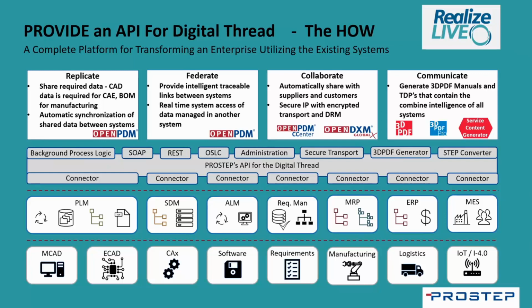So as I'm going upward through this slide, I'm now normalizing this data where you see PROSTEP's API for the digital thread. And now because I've normalized that data, I can understand what I'm going to need in order to deliver that data to the right person at the right time. And again, it's all normalized, so the same information only exists once, it's been defined once, the system of record has been defined, and now it's available for consumption.